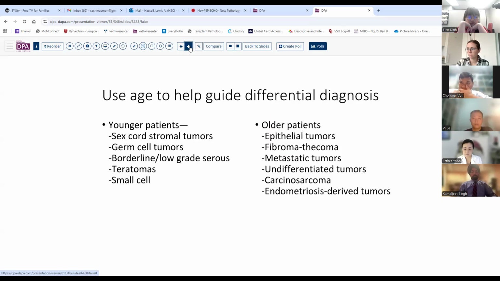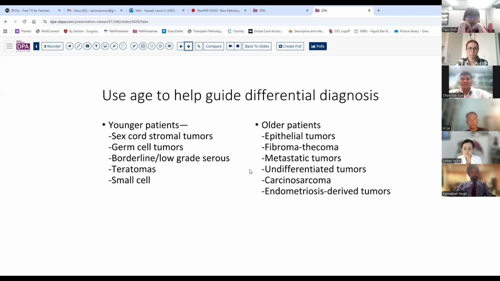I find it very helpful to think in terms of age groups. In younger patients, there's a list of things that are more commonly seen: germ cell tumors, sex cord stromal tumors, low-grade serous tumors, and so forth, and also occasionally these high-grade small cell tumors.